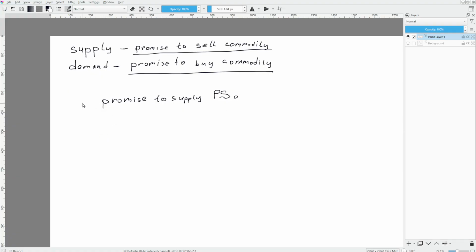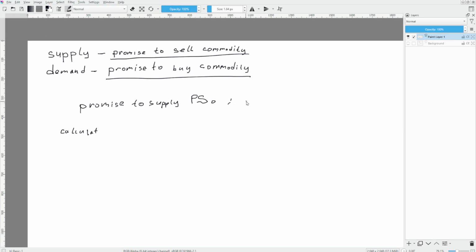Then we calculate a certain satisfaction of demand, and there are actually two values.